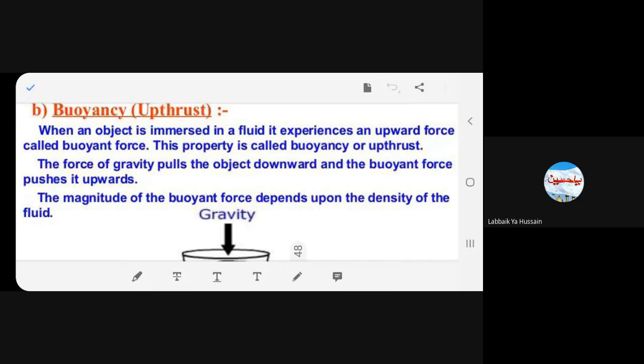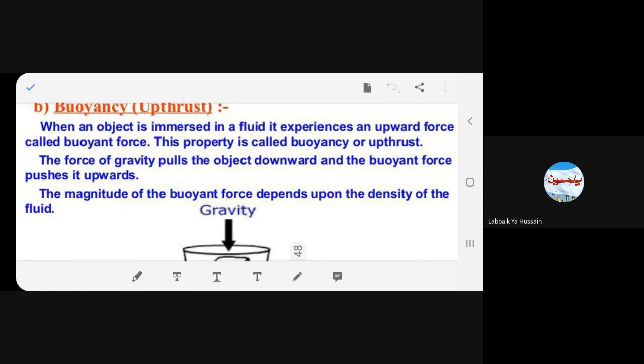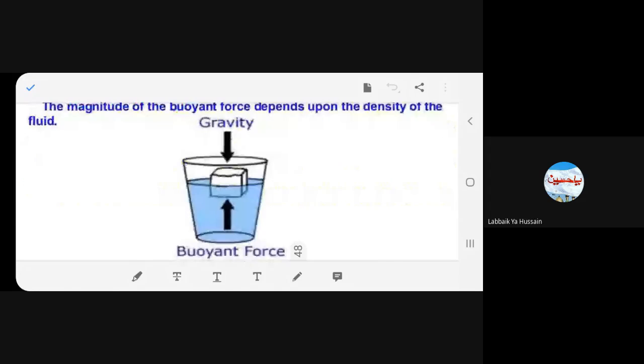This property is called buoyancy or upthrust. The force of gravity pulls the object downward, and the buoyant force pushes it upwards. The magnitude of the buoyant force depends upon the density of the fluid.